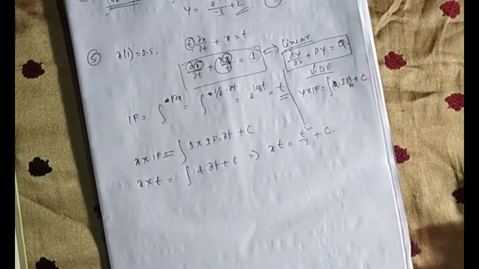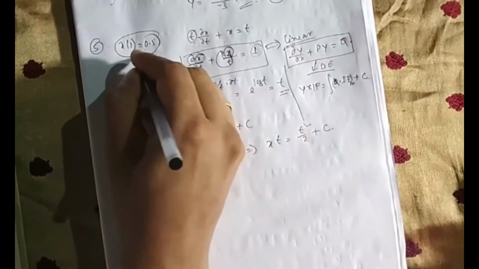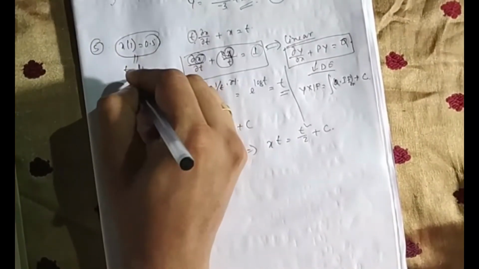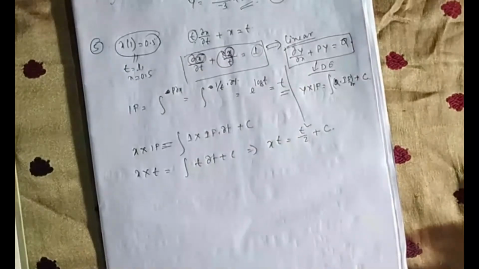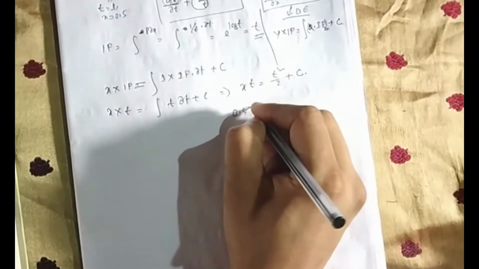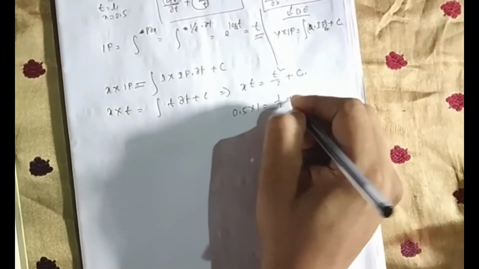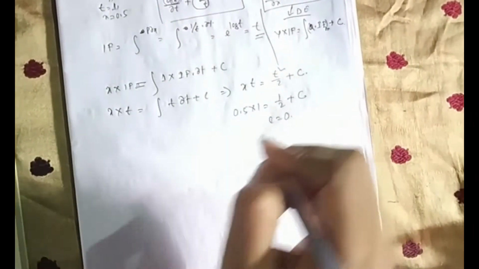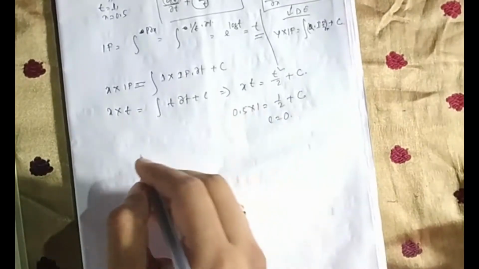I think they have given some initial condition. x(1) is equal to 0.5, what does this mean? This means at t equal to 1, x is equal to 0.5. If you put t equal to 1 and x equal to 0.5, then you will get c is equal to 0. So that means what is your final answer?